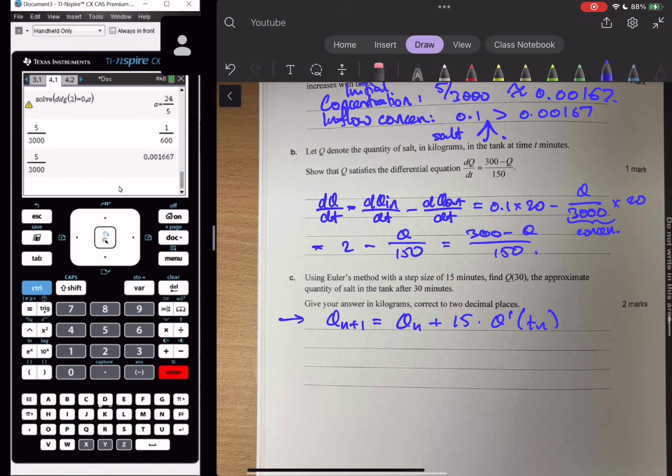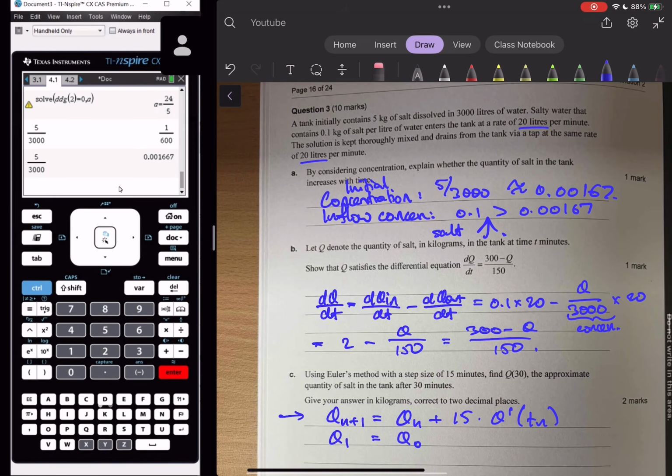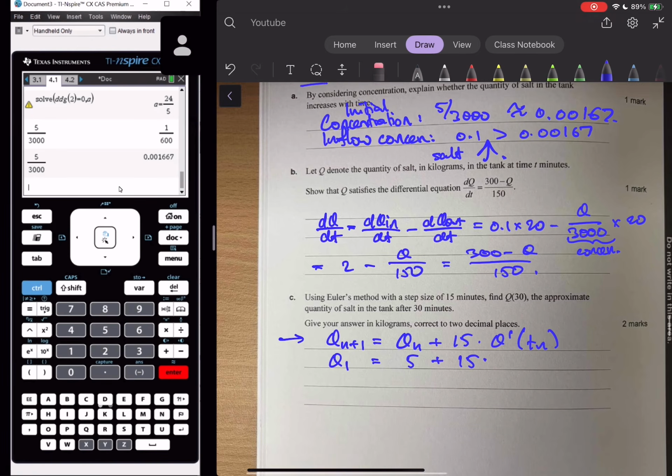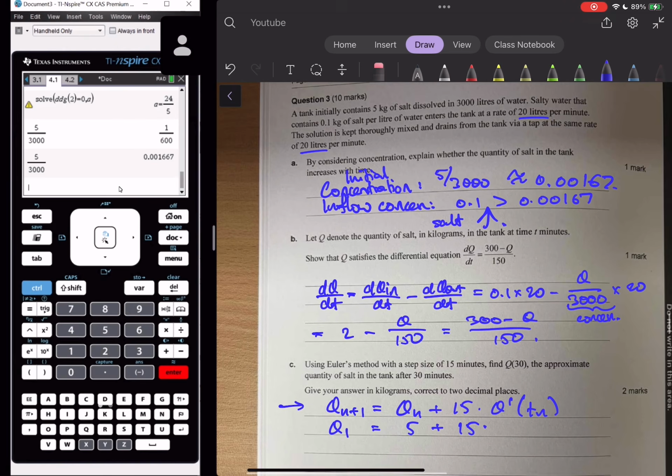So let's calculate the value Q1 first. Q1 is equal to Q0. So what's the initial amount of salt? It's exactly 5 kilograms of salt. So this is 5, plus 15 times Q prime at 0. At 0, Q is equal to, well, is it 15?